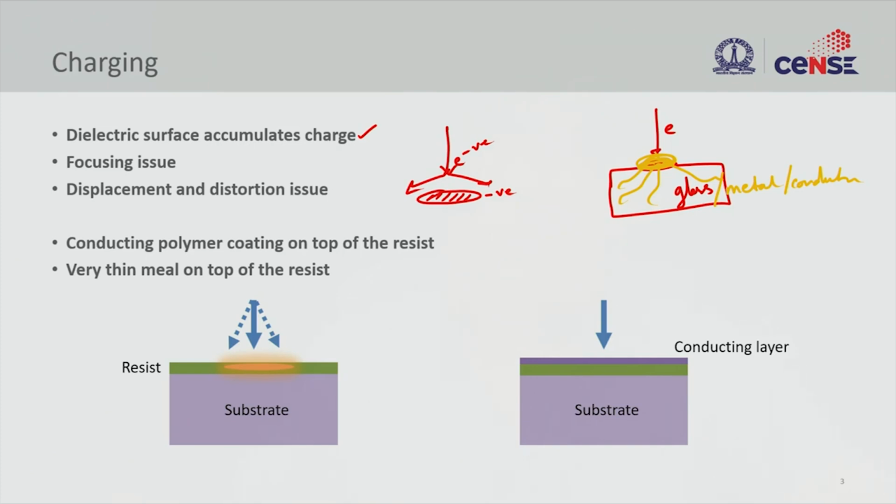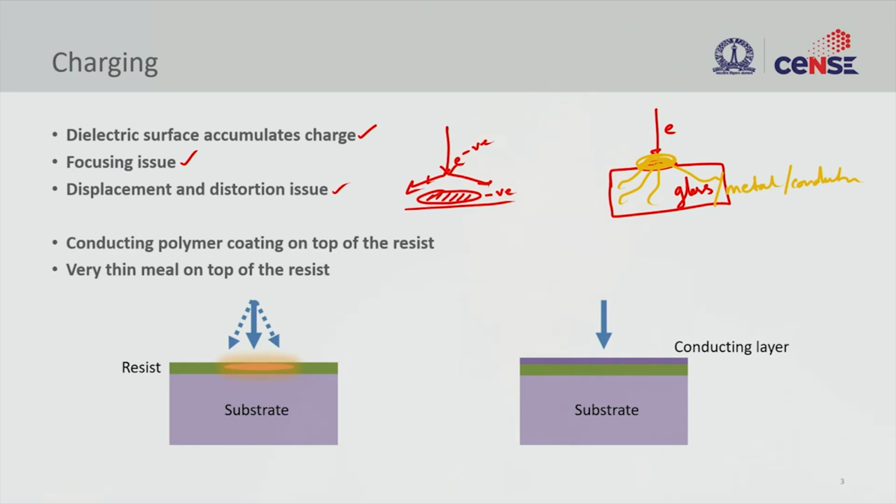This is something we use for an electrostatic lens, but now you are creating this lens on the substrate itself, because you are unable to dissipate the charge accumulation. It will create a focusing issue. You won't be able to focus it because of this beam deflection.